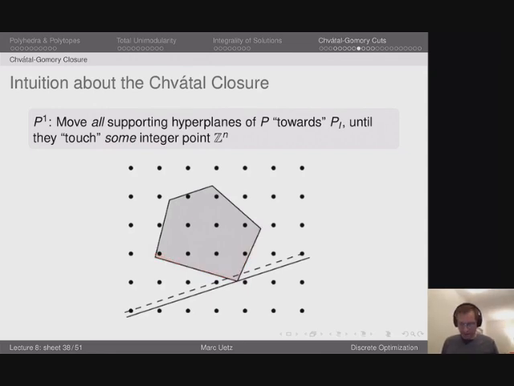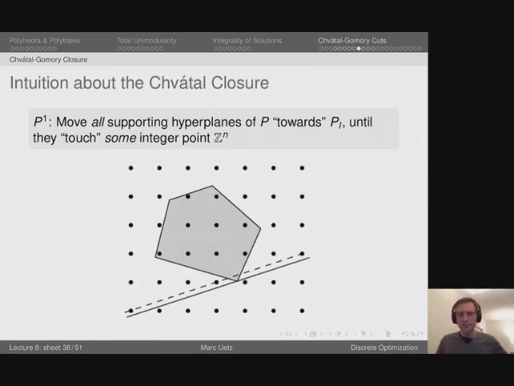I take a combination of these two inequalities, that would be this supporting hyperplane here, okay? And now the rounding procedure means that I can move this inequality a little bit further towards the integer points, and the rounding actually stops whenever I hit an integer point here. So I would be able to cut off this little piece of the original description here. And I do that for all the supporting hyperplanes of the original polytope.